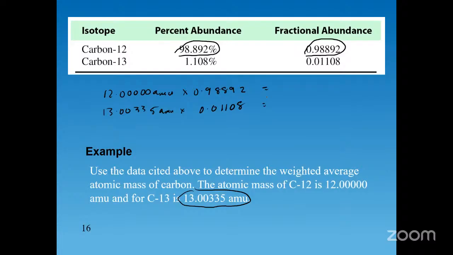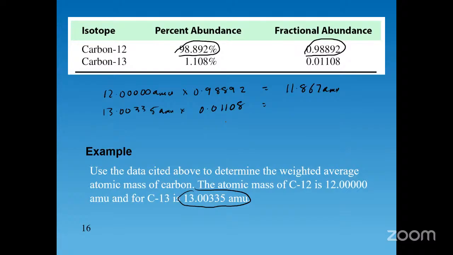So 12 times 0.98892, and I'd have to round this off to how many sig figs? 1, 2, 3, 4, 5, 6. So 11.867 AMU, all right?